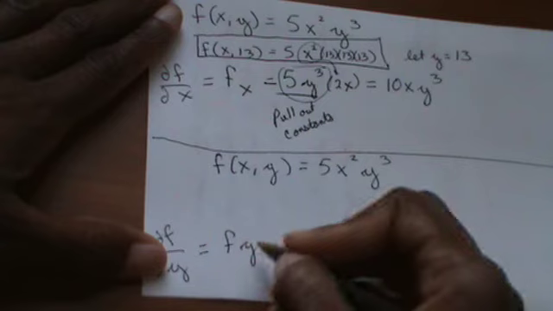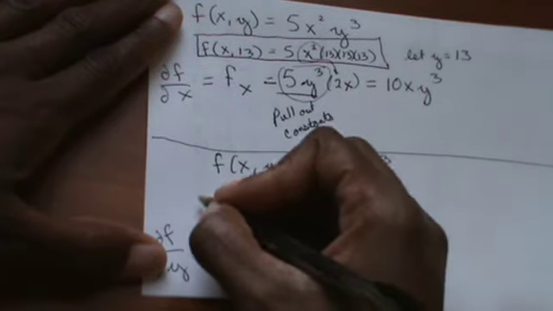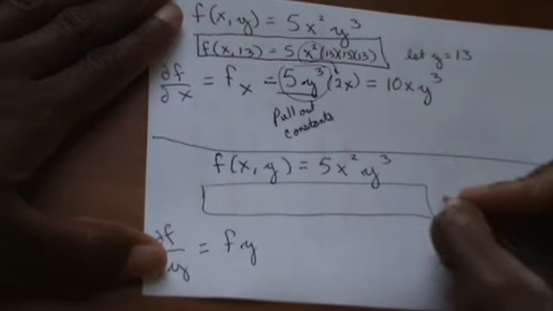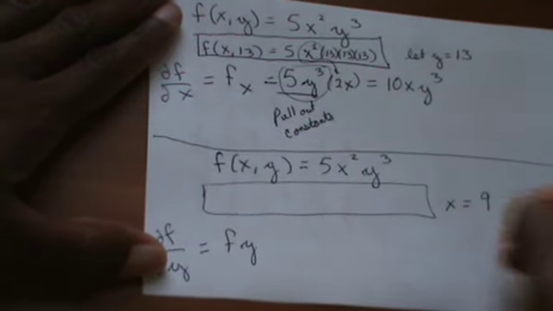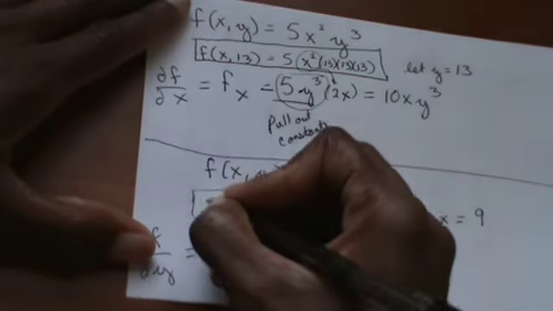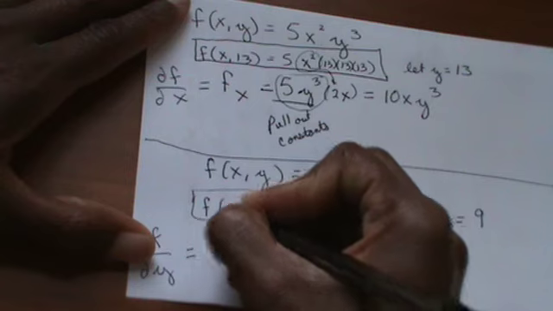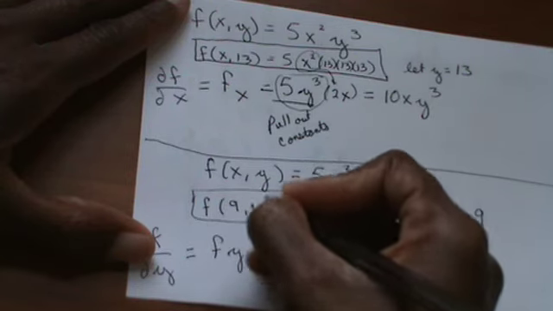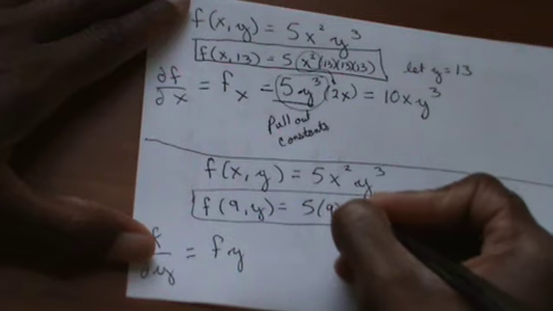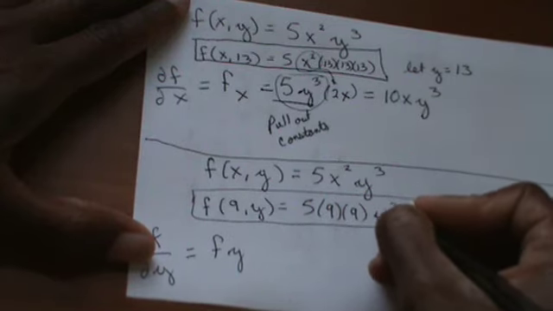And this says the y is changing, but we'll let the x be stuck at, let's say, x equals 9. It really doesn't matter, it doesn't have to be 9, but your x can't move up and down, it's stuck at 9. So this is acting like f of 9y, which is 5 times 9 times 9 times y cubed.